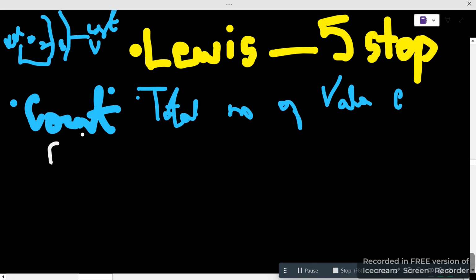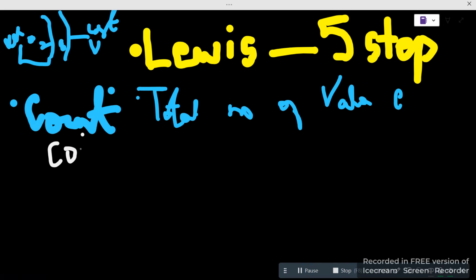So we have taken an example of CO2. Let's take an example of CO2. We know carbon has 4 valence electrons. Then O2: O has 6. You can also count it, that's very easy.